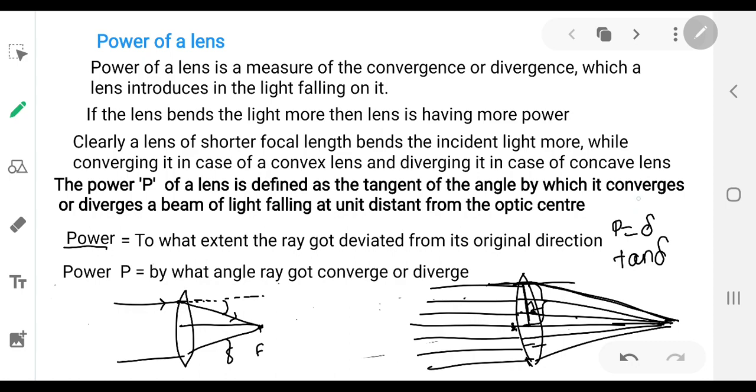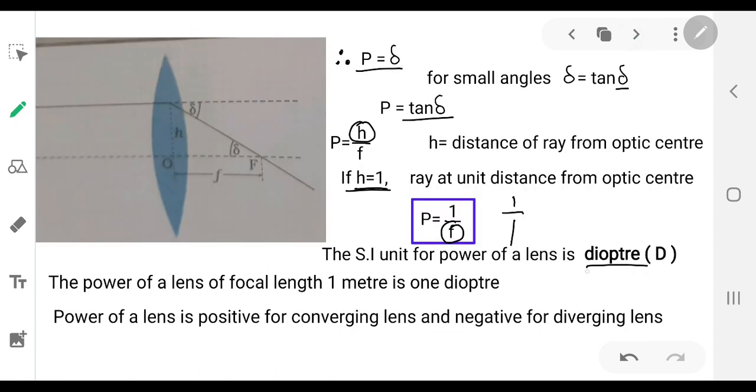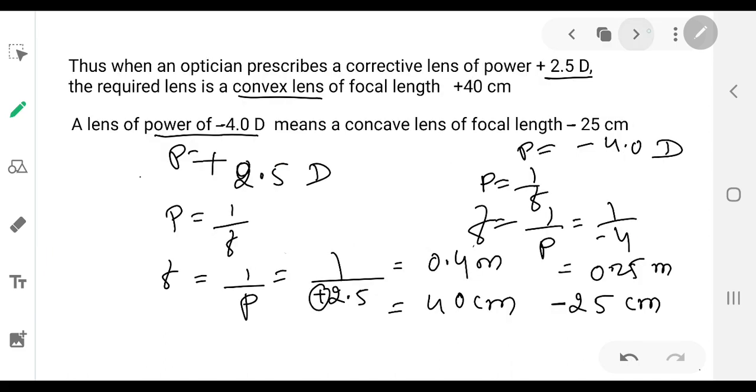So this definition may be asked, and mainly the unit of the power of a lens is frequently asked for 1 mark.